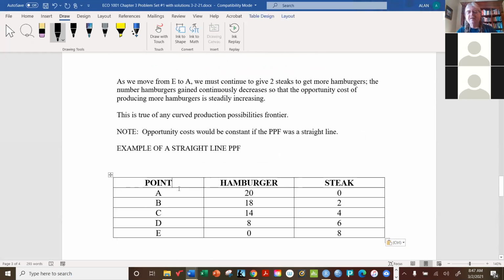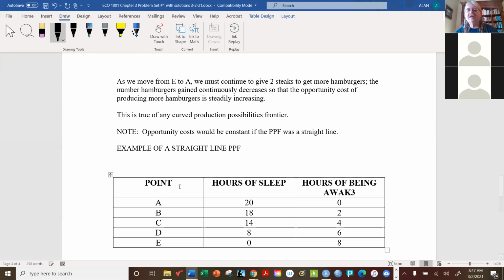So you've got points A, B, C, D, E. And then over here we'd have hours of sleep and hours of being awake. So here you can see, obviously there's a direct trade-off. So no sleep means you're awake 24 hours, and, I mean, you kind of get the idea here, I hope. And I could carry that on down.